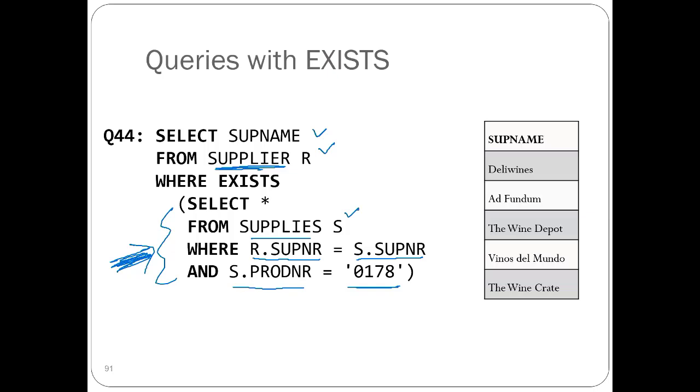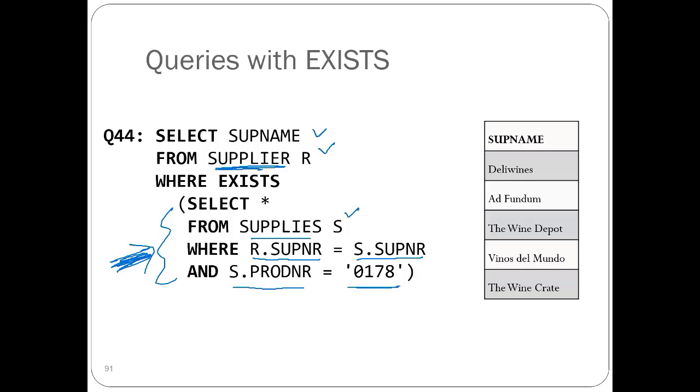Let's think about a supplier with supplier number 37. How will this query work? From the supplier table you will take one tuple at a time. Let's assume we are taking supplier number 37. For that tuple, you will check the supplier number 37 and see whether we have the corresponding entry in the supplies table also.